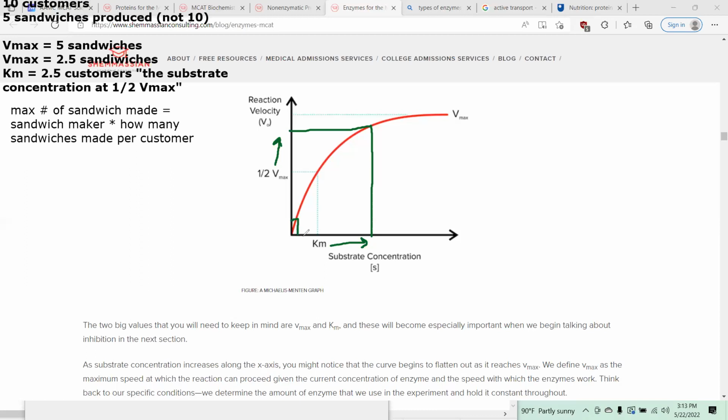As soon as they come in, they help the customer, because they have a very good affinity between them. And that is going to lead to, not necessarily a different Vmax, but a much faster rate of reaction.